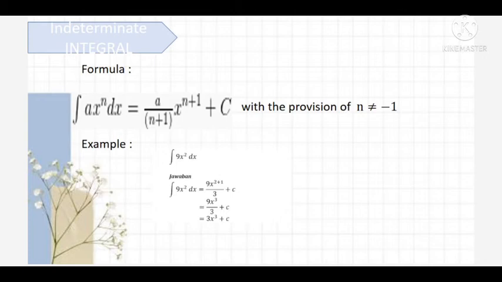Example, integral 9x squared dx. So the answer: integral 9x squared dx equals 9x power 2 plus 1 over 3 plus c equals 9x cubed over 3 plus c equals 3x cubed plus c.